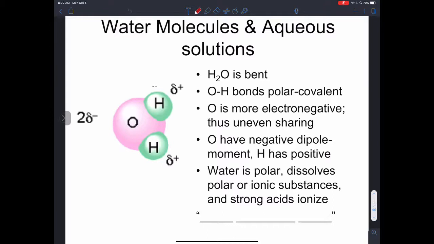The OH bonds in water are what we call polar covalent. Remember, covalent referring to sharing or shared electrons, but polar referring to unequal, right?